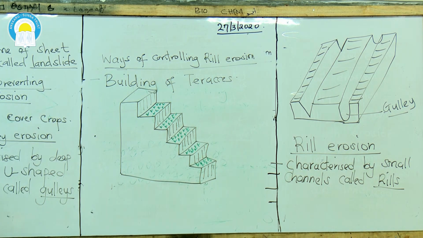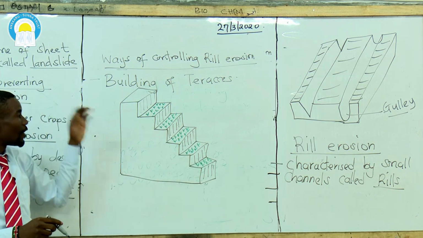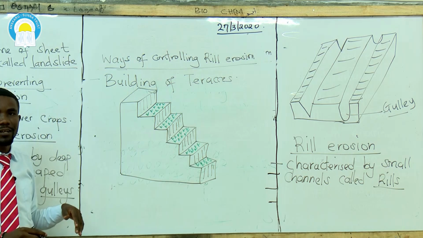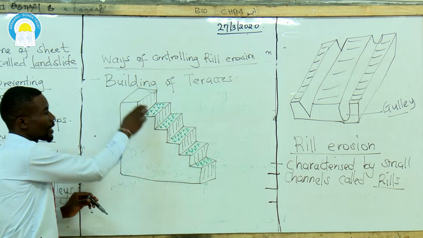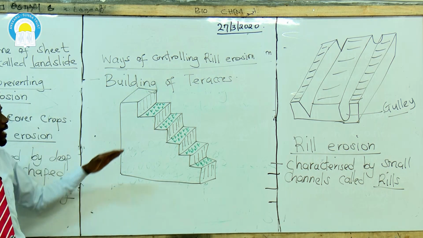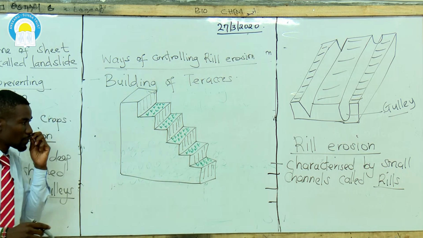When you cut the slopes into stairs in this form, these are what we call terraces. Now, as a farmer, you can use this space to plant some trees. And finally, the speed of water on this slope of the land will be reduced, and we will help to control the rill erosion.